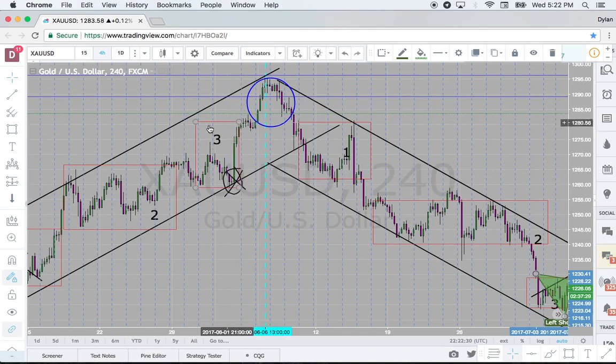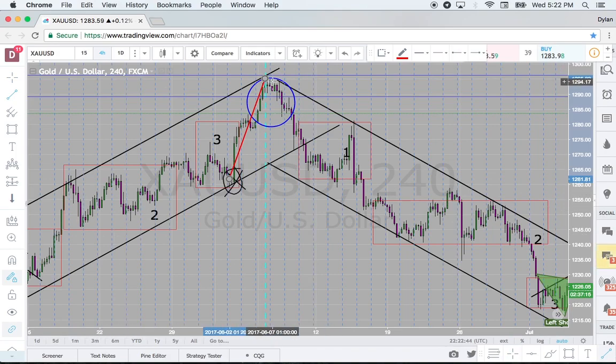Upon ending that trend, the dealer has to induce retail traders long. So let's say it's an uptrend. He has to continue inducing retail traders long and continue getting them to think that the trade is going long.